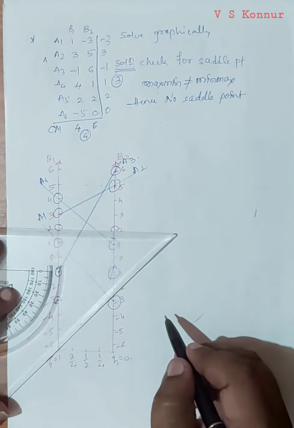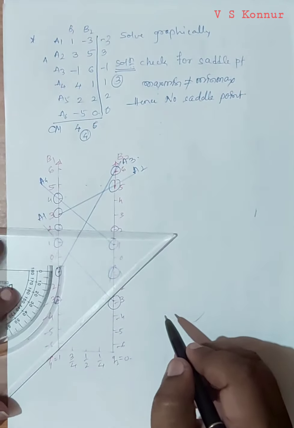Next we'll go for Q1. Q1 is equal to (D minus B) divided by (A plus D minus B plus C). So that is equal to 1 minus 5 divided by the same, 4 minus 9, minus 4 by minus 5. So 4 by 5. So Q2 is equal to 1 minus 4 by 5, that is equal to 1 by 5.